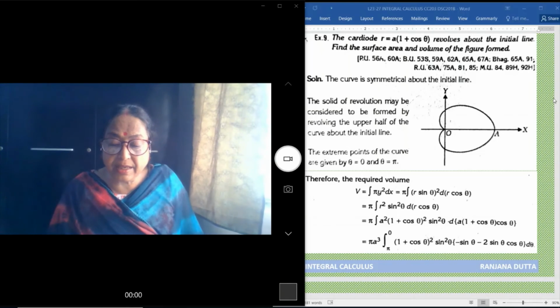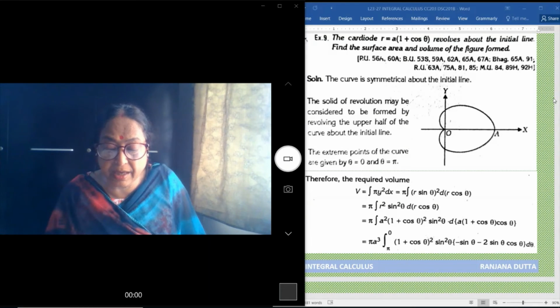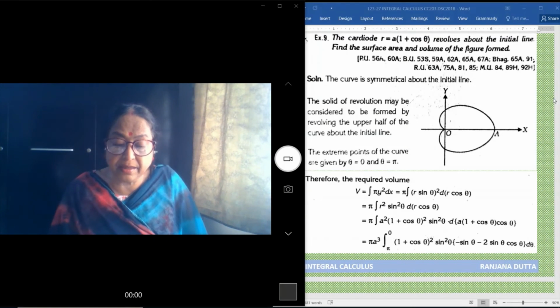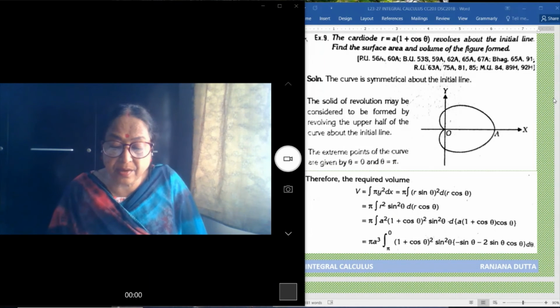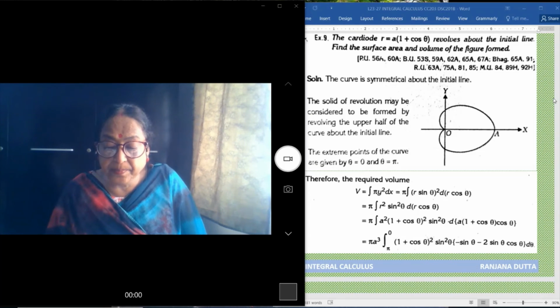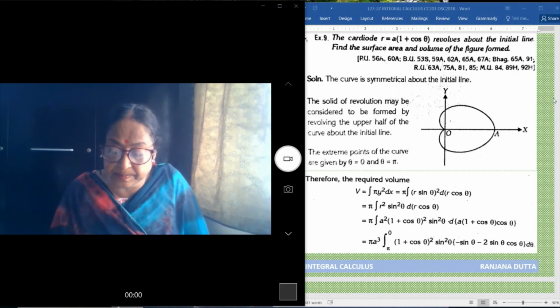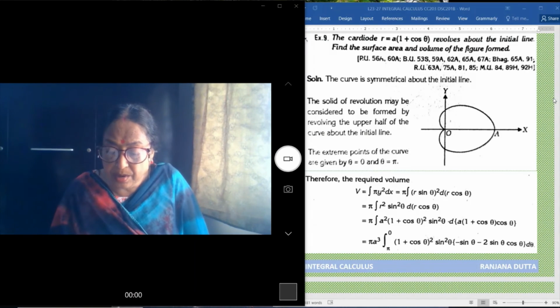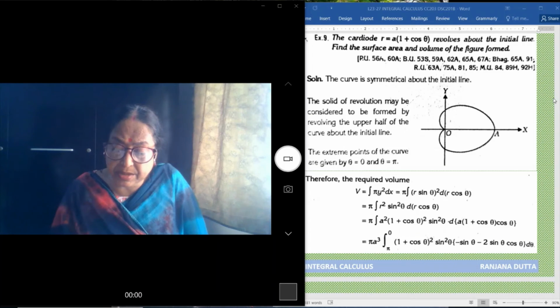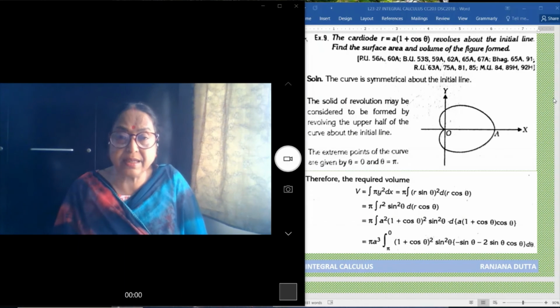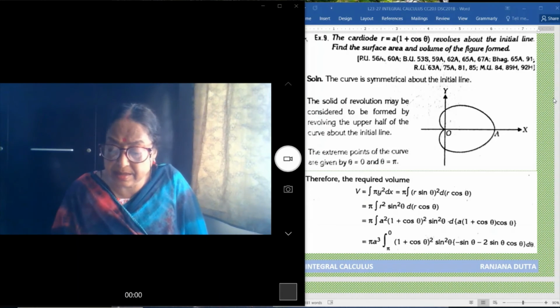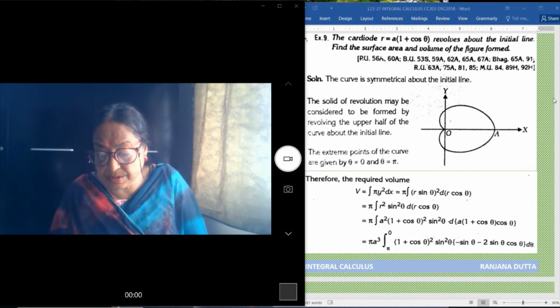Now putting y is equal to r sin theta and x is equal to r cos theta, we get the value of pi y square dx. The limits of theta are from pi to 0 because x increases as the value of theta decreases from pi to 0.